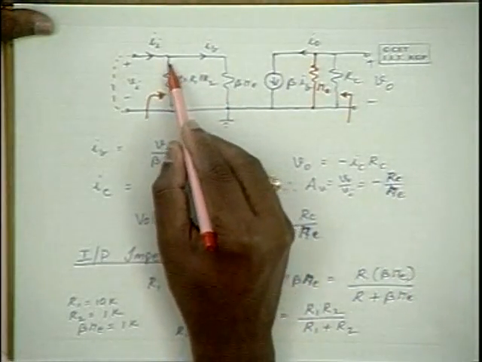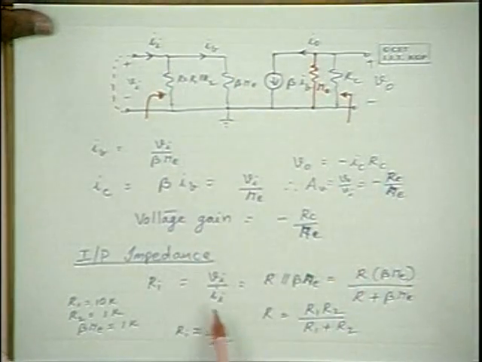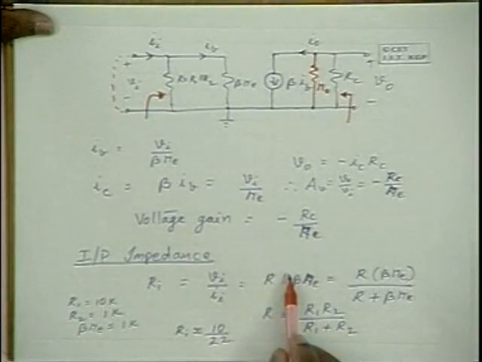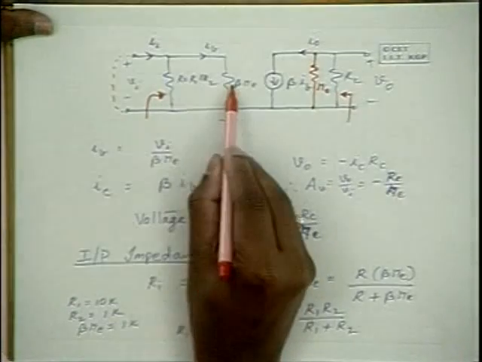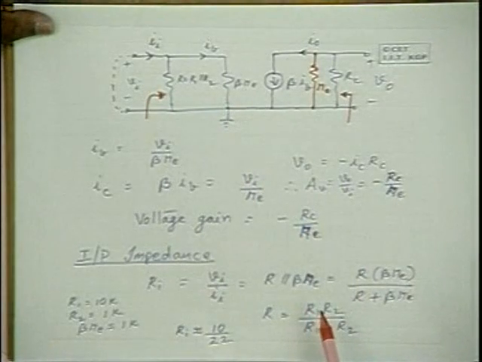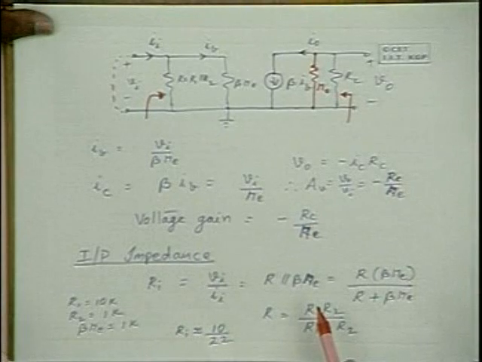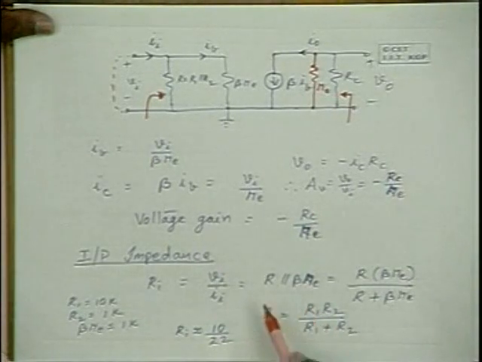Ri still remains as the parallel combination of this resistance and this resistance. Therefore, Ri is R in parallel with beta Re, which is of the order of a few hundreds of ohms to 1 kilo ohm.